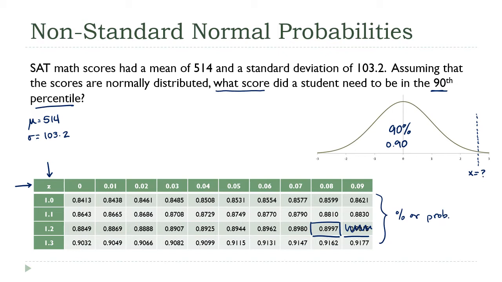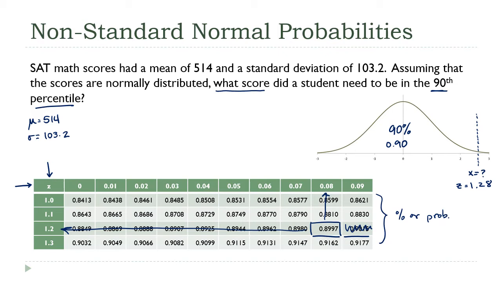This is the z-score. Oh, careful. What value am I going to use? What's the corresponding z-score here? Well, I'm going to use 1.2 and 0.08. So the z-score is 1.28. Well, that's nice, I guess, but I wasn't asked for a z-score.